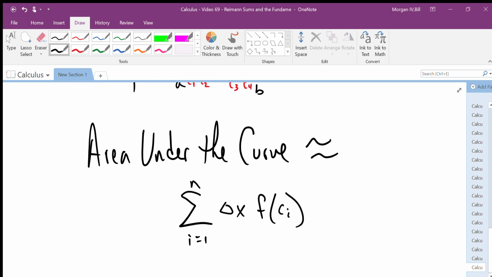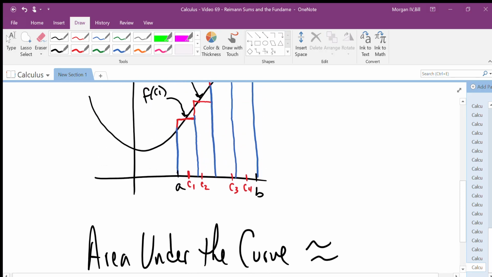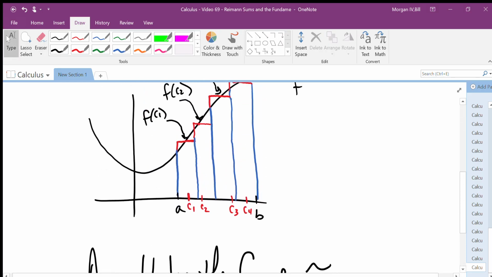The second thing we want to do, and this goes against what I said in the previous videos, is that to make my life easier, I kept all rectangle widths the same. They were all delta x, right? That was the width of that rectangle.